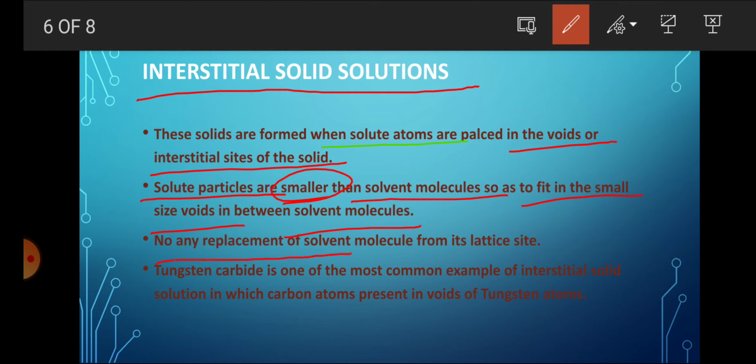There is no replacement of the solvent molecule from its lattice site. The solute molecule just goes in between the empty spaces, voids or interstitial sites present in the solid. Tungsten carbide is one example, where the carbon atoms are present in the voids in the tungsten solid.